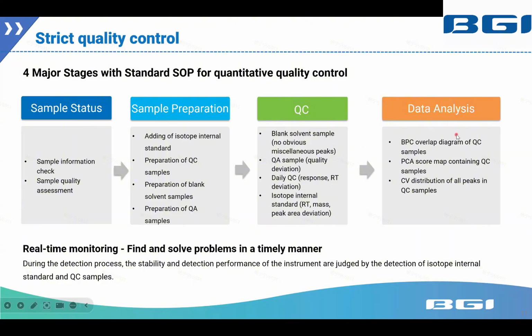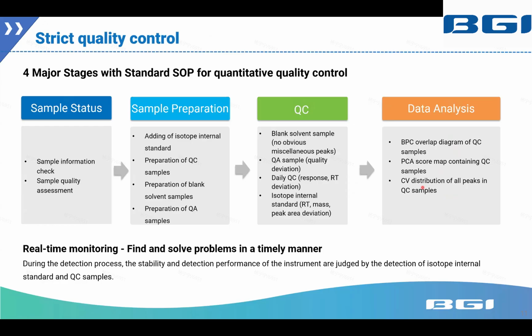Finally, in the data analysis stage, we will create the base peak chromatogram overlap plots for the QC samples, and we will also have the PCA plots including QC samples, and the CV distribution of all peaks in the QC samples.